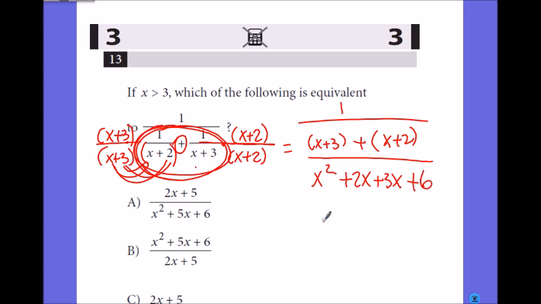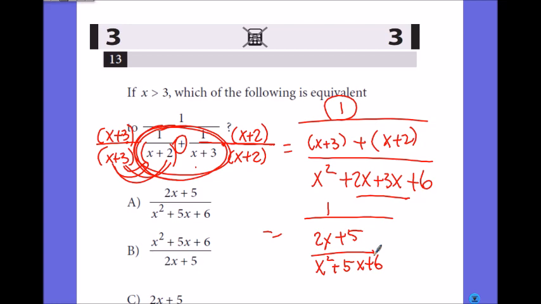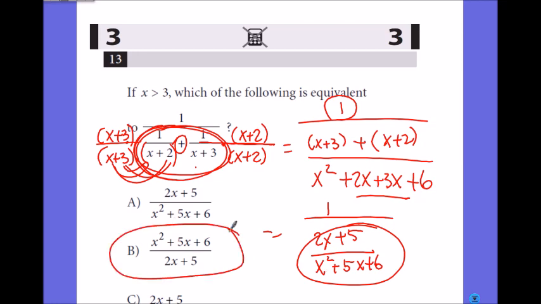So we get here 1 over, again, x plus x is 2x, 3 plus 2 is 5, over x squared plus, combined like terms, 5x plus 6. But again, it's 1 over that. So you're looking for the reciprocal of this term, which you have for b. Yeah?